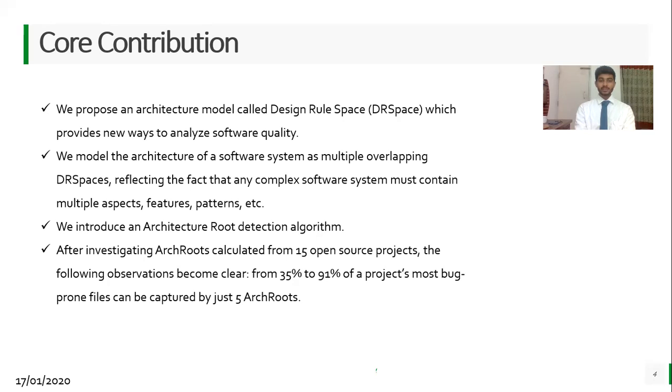It models the architecture of a system as multiple overlapping DRS spaces, reflecting the fact that any complex software system must contain multiple aspects, features, patterns, etc. They introduce an architecture root detection algorithm, and after investigating architecture roots calculated from 15 open source projects, the following observation became clear: from 30%, 35% to 91% of a project's most bug-prone files can be captured by just 5 architecture roots.